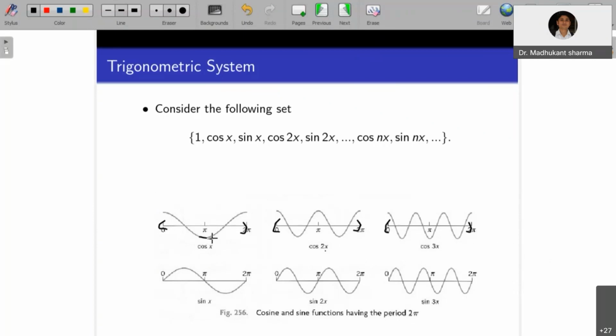Here it is 1, 2, 3. Here it is 1, 2, 3, 4, 5, and so on. Extrema, that is, maxima or minima. Similarly for the sine, they are finitely many. That will also be included in the Dirichlet conditions, which you will soon see.